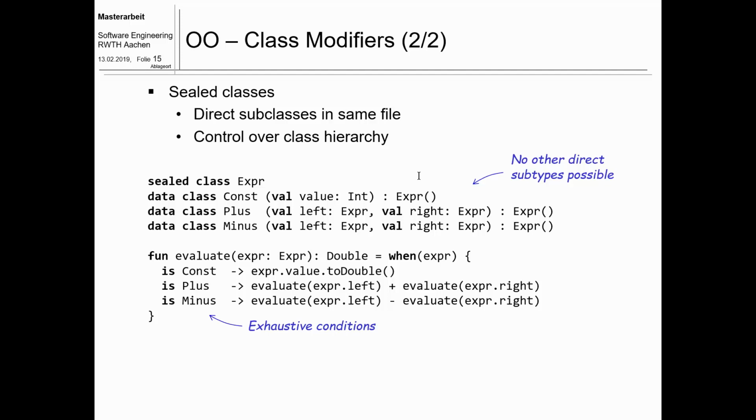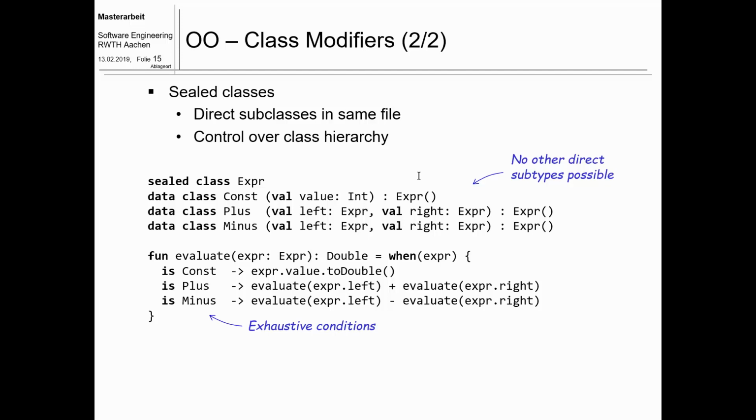So when you're using a when expression, for instance, like down there in the code example, and you cover these 3 different subclasses in your when expression, which is like switch in Java, then the compiler knows that this is actually exhaustive. So you don't have to add another default branch like you would have to in Java.